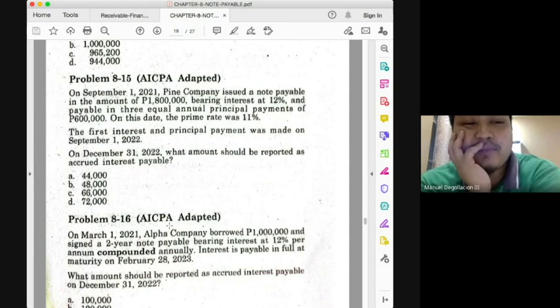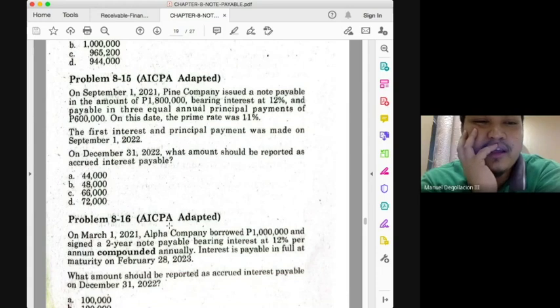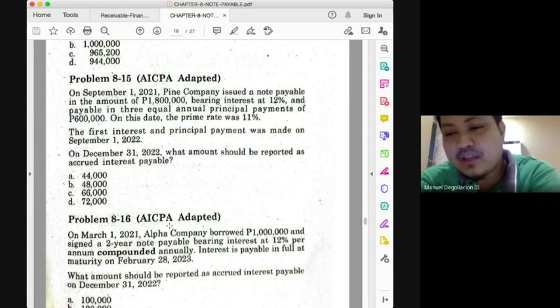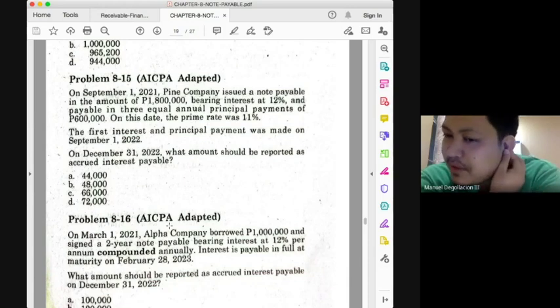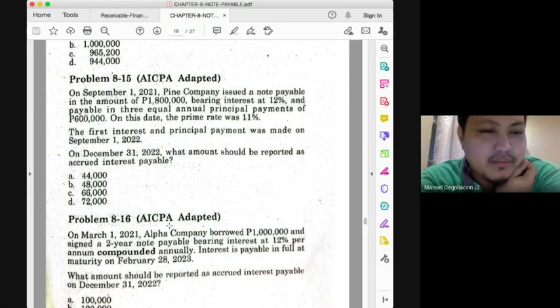Starting September 1, 2022, the remaining principal would be 1,200,000, and that will be the principal earning interest from September 1, 2022 to September 1, 2023. By September 1, 2023, you will make another principal payment of 600,000, so the remaining balance would just be 600,000. So the principal earning interest from September 1, 2023 to September 1, 2024 will just be the 600,000.